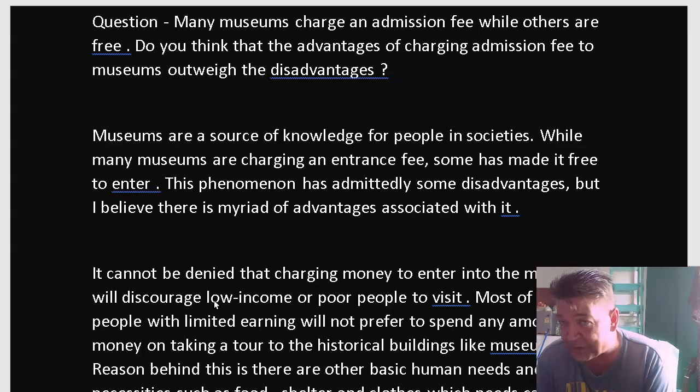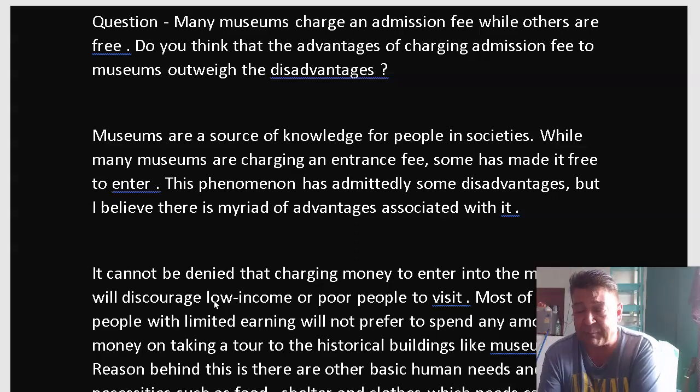When you look in the dictionary, it describes advantage as something which puts a person or a company or whatever into a better position than they would be without that thing. Or disadvantage, a comparatively worse situation. All right, and you have to explain why things are advantages or disadvantages, not just that they exist.